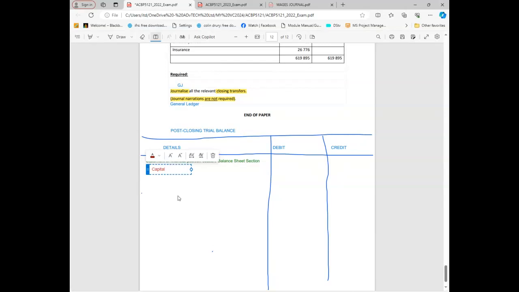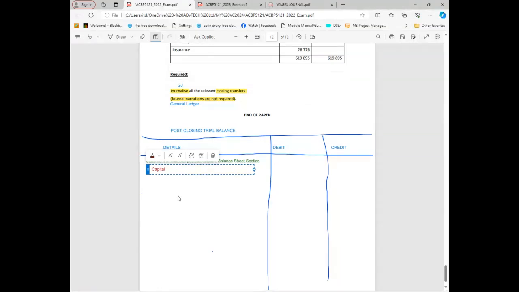I do, sir. Remember we opened the capital account and there's a balance brought down at the end. How much is the balance brought down?